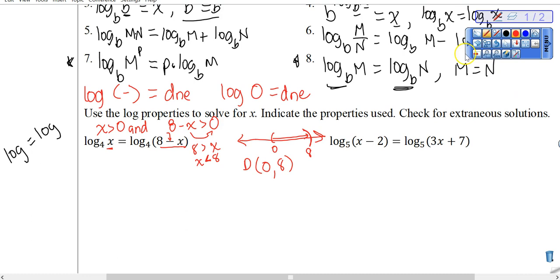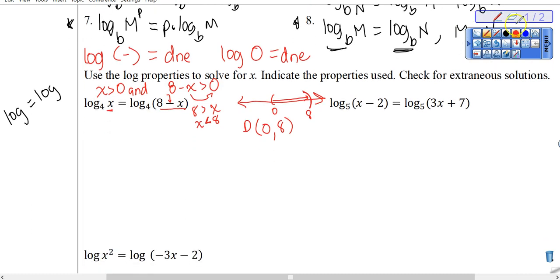So let's go and solve this equation now. I'm going to pick up my pencil, and here I'm going to employ property 8 because I have the log of 4 equals the log of 4. So if the logs are equal, then the numbers are equal. I can just drop the logs and solve the equation. So that's 2x equals 8.